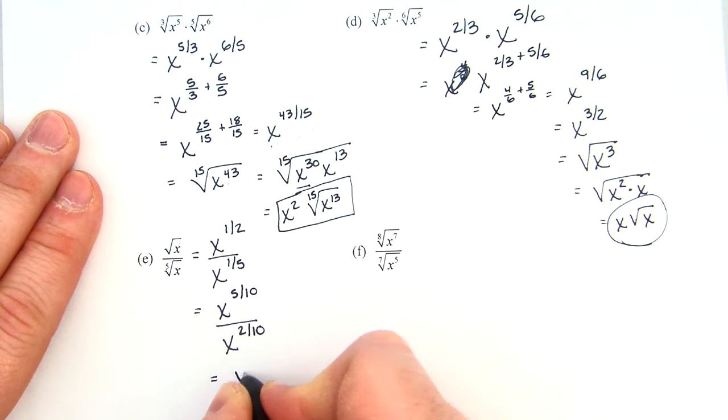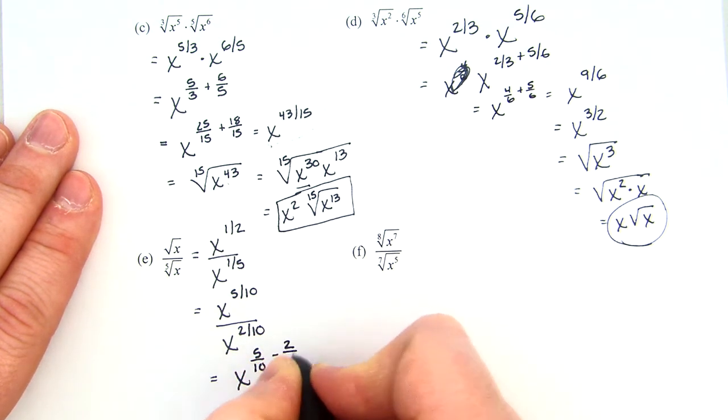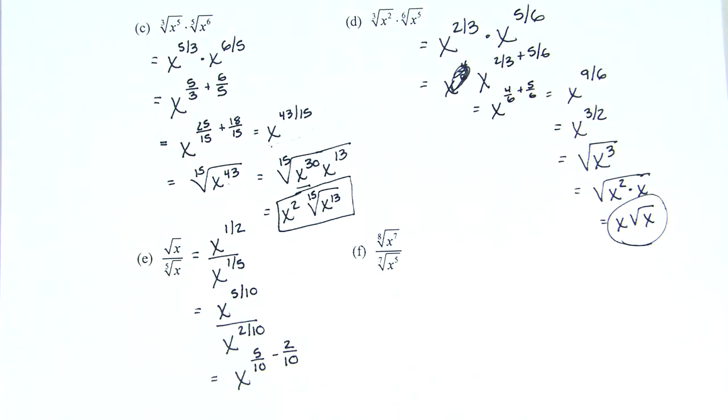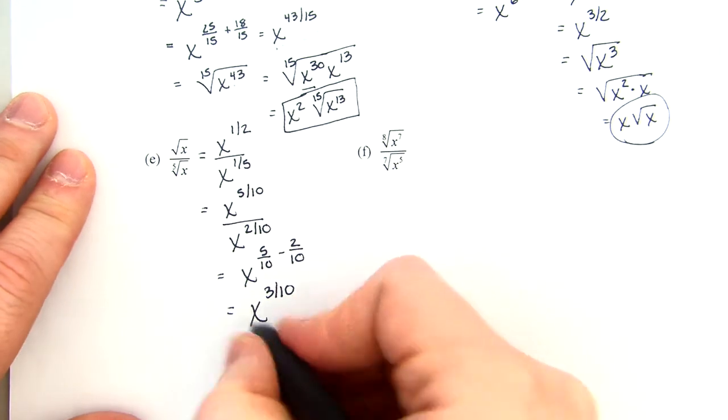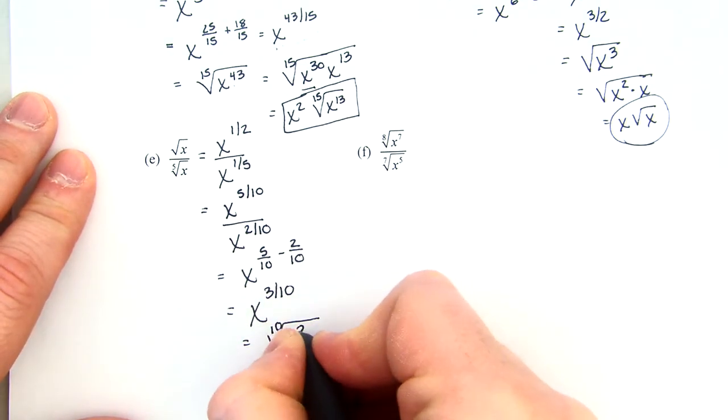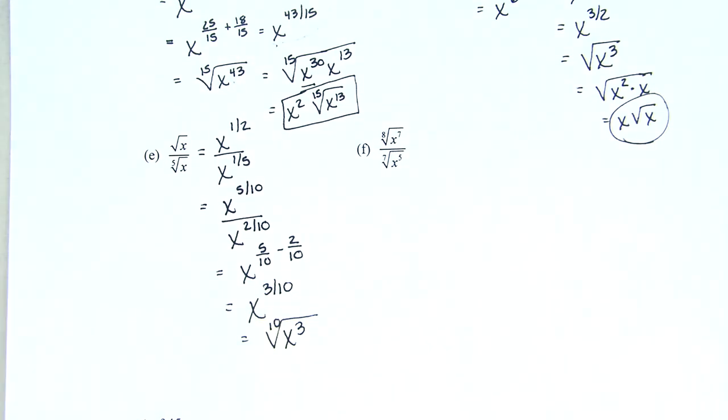So I think this is going to become x to the, well, whatever 5/10 minus 2/10 ends up giving us. Do it and write it with a root. Hopefully 3/10. So, I'm off the screen. 10th root of x to the 3rd.